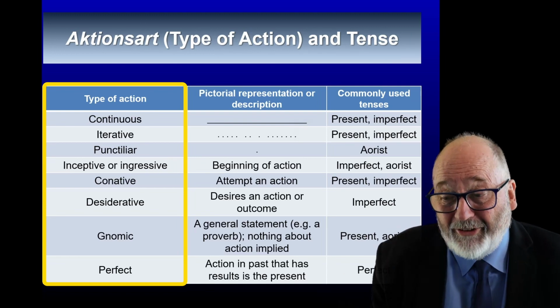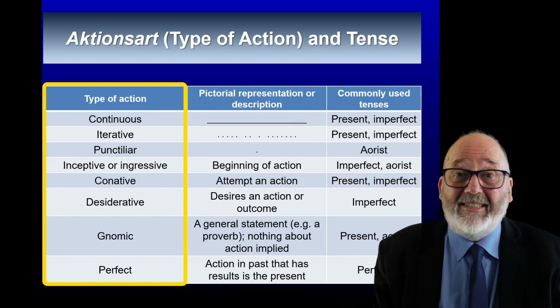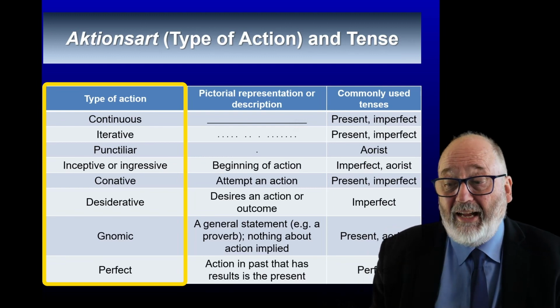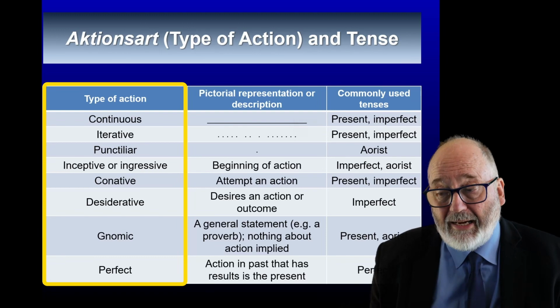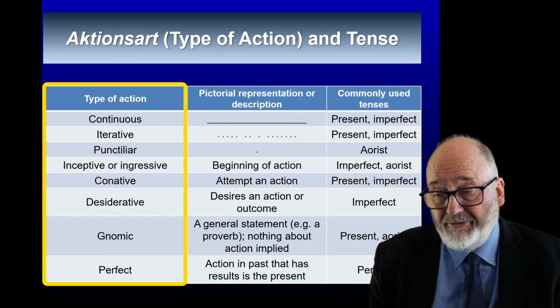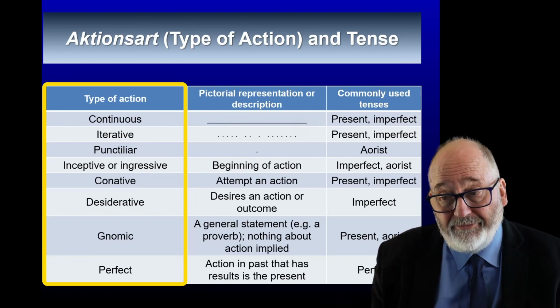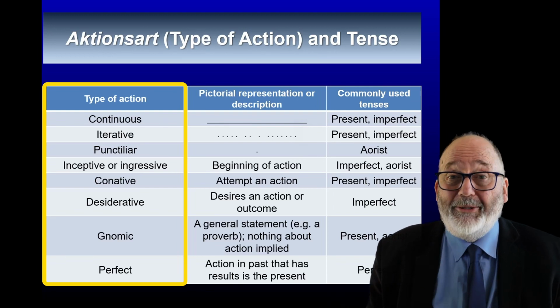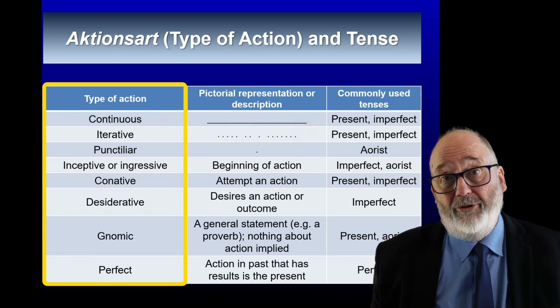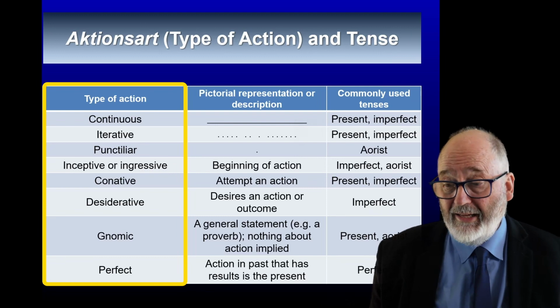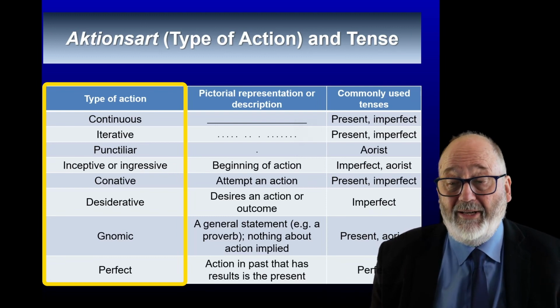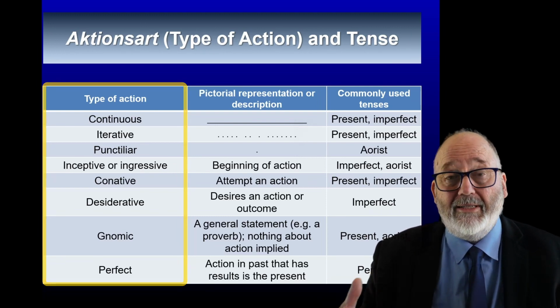An inceptive or an ingressive action is the beginning of an action. Conative is attempting an action. Desiderative is desiring an outcome. Gnomic, well, that's talking about a proverb or a generalized saying. And perfect, well, an action in the past that has relevance in the present.